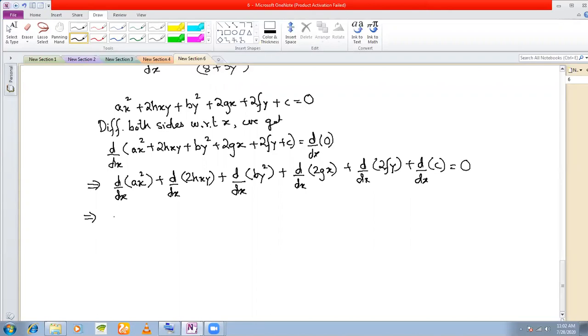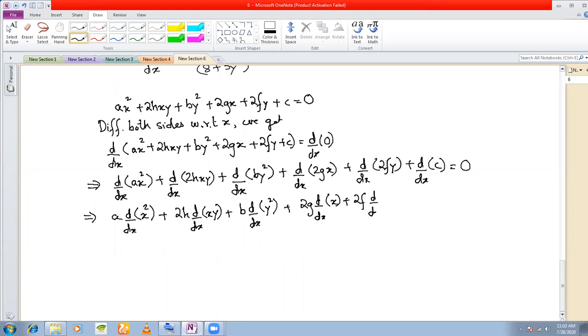A is a constant, you can take it out of the differentiation. A d dx of x square plus 2h d dx of xy plus b d dx of y square. 2g is a constant, you can take out, 2g d dx of x, plus 2f d dx of y, and d dx of c is 0.